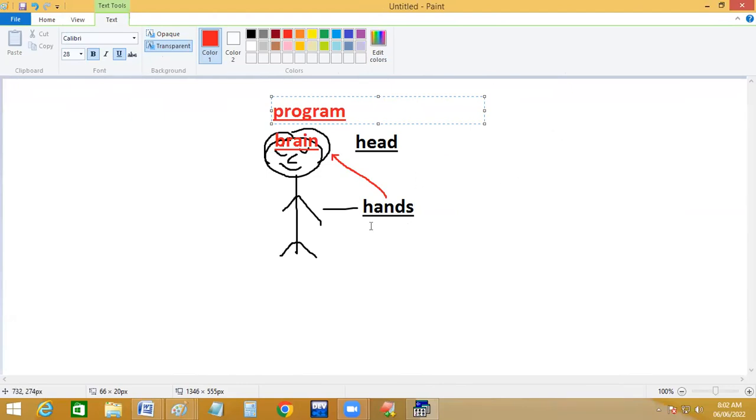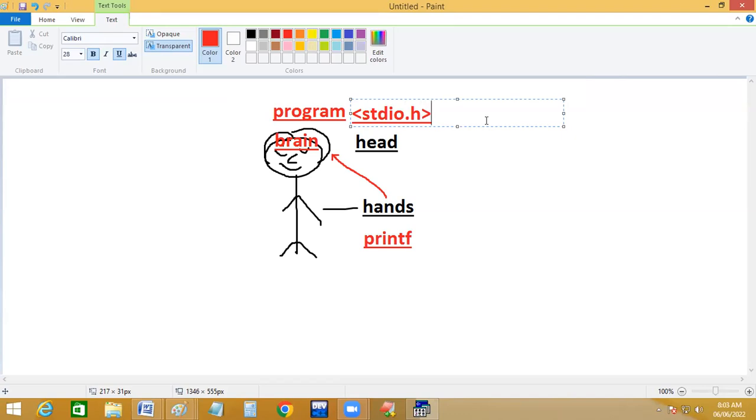Now in my example, the hand is nothing but printf and the program is nothing but the head, which is nothing but stdio. Tell me at least where is this head guys in our body?